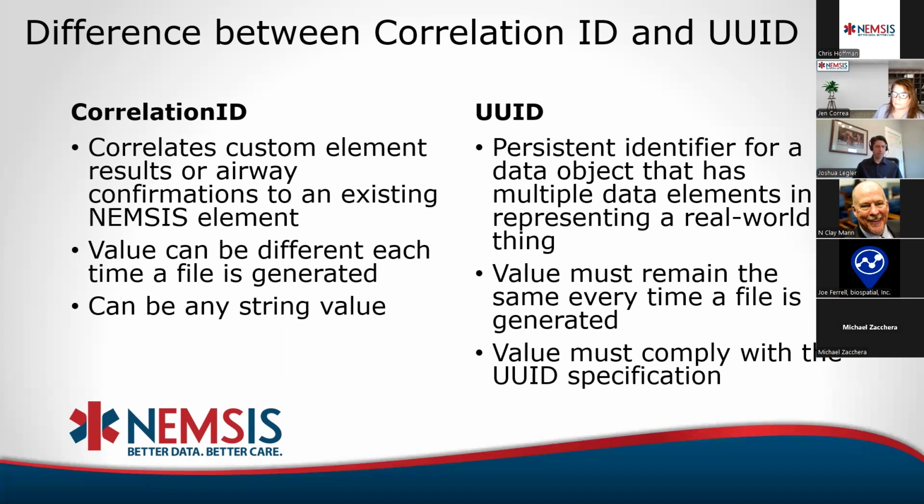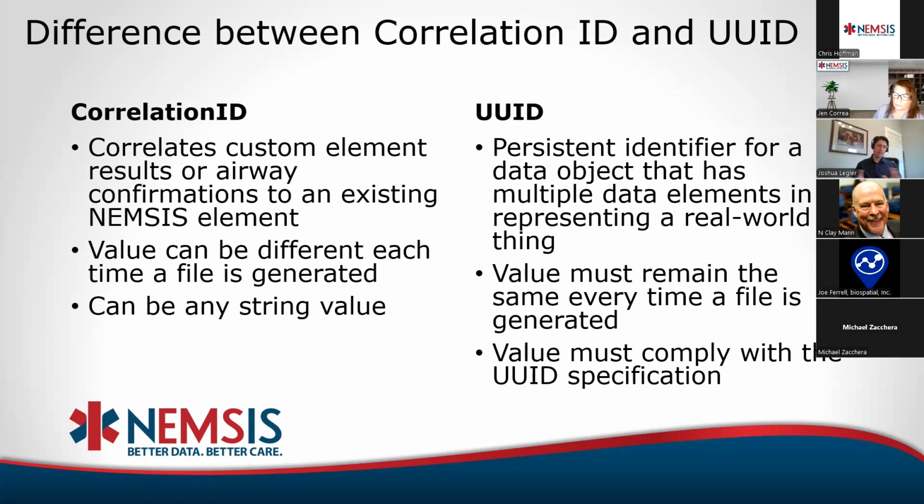So there will be many data elements in the demographic data set that can occur multiple times. They will have both a correlation ID and a UUID attribute that is allowed on them. And that allows each of those to just serve their own purpose. The correlation ID can be used when you need to tie custom element data to it. The UUID must be used to uniquely identify that object across time. And we didn't try to mix the two together at all, just keeping those very separate purposes.